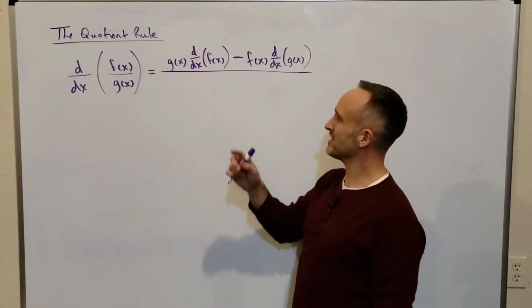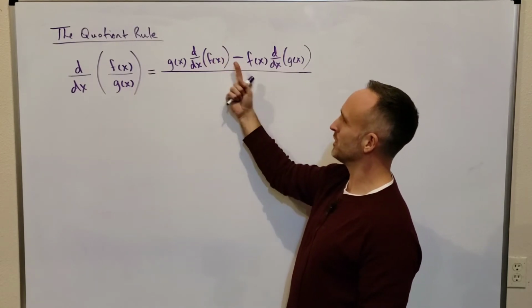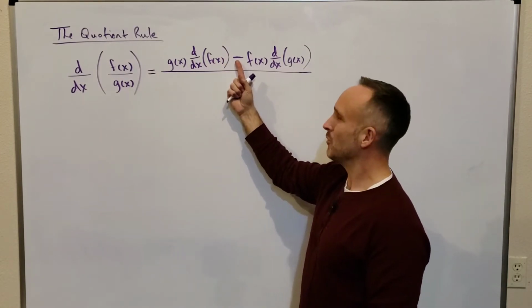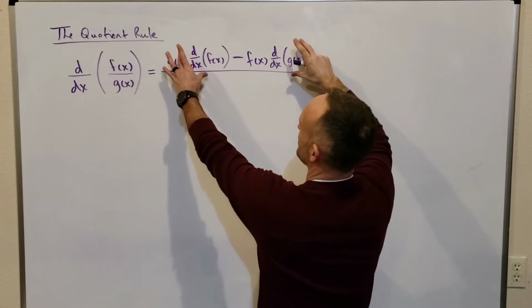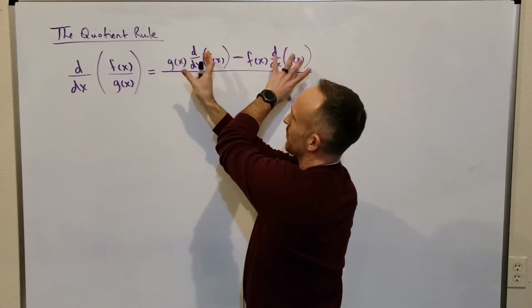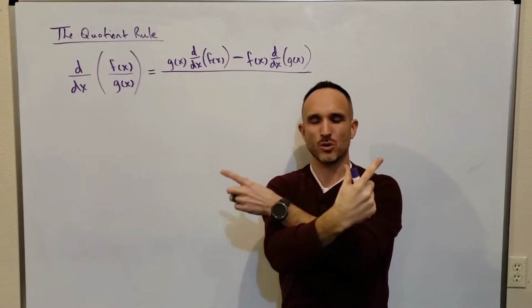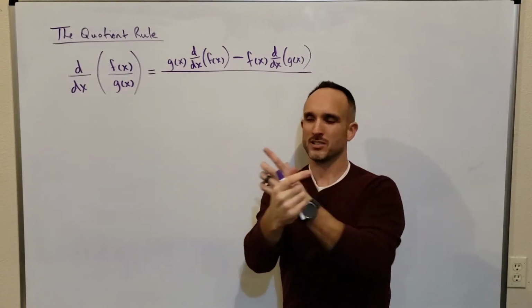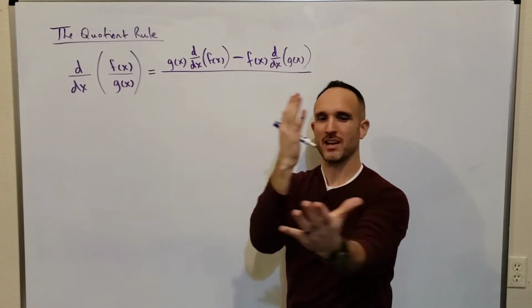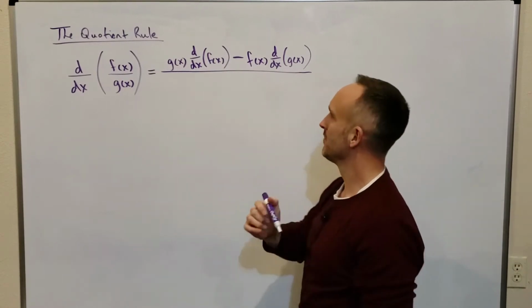At this point, it's similar to the product rule, except you've got a minus, which means that you can't switch these two values around because subtraction is not commutative. You can't change the order of subtraction because 5 minus 3 is not the same thing as 3 minus 5. So we can't do that.